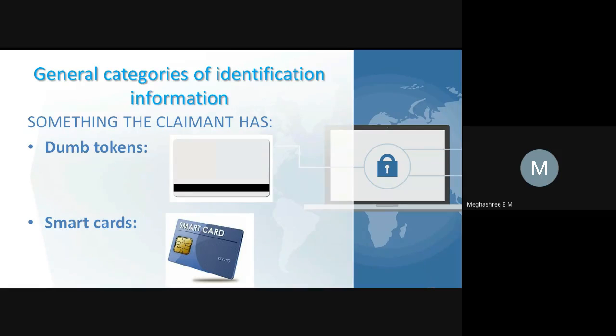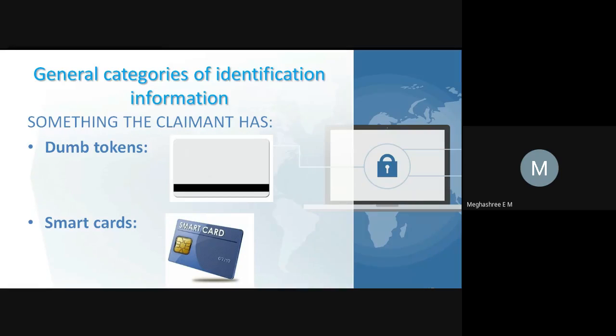On this chip the user information will be stored. Now, how is it more advantageous than the dumb token?